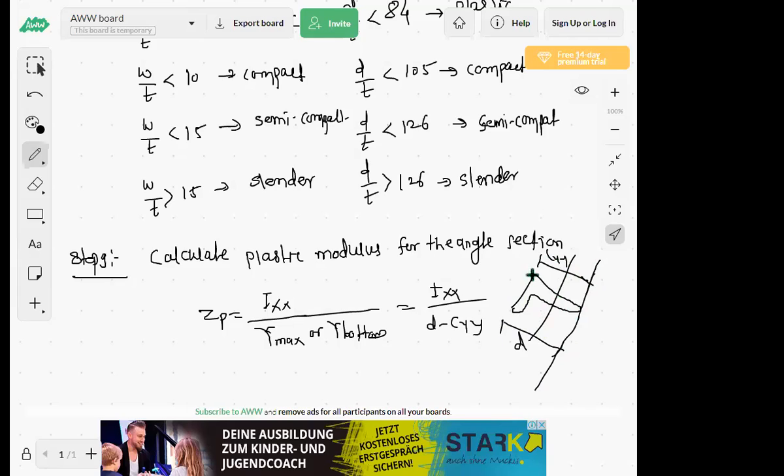The width is horizontal and the depth is vertical here. From this bottom, this distance is CYY, because this is the centroidal distance of the angle section. If we deduct this CYY from this depth, then we will get this Y max from the bottom.